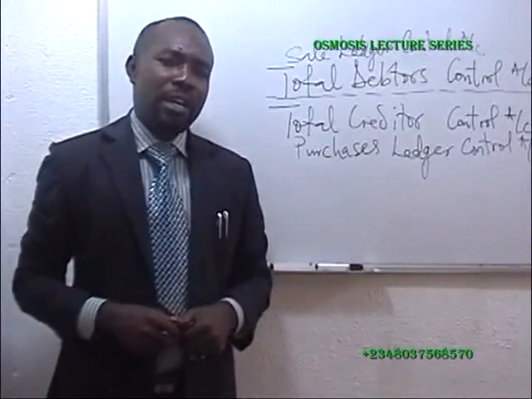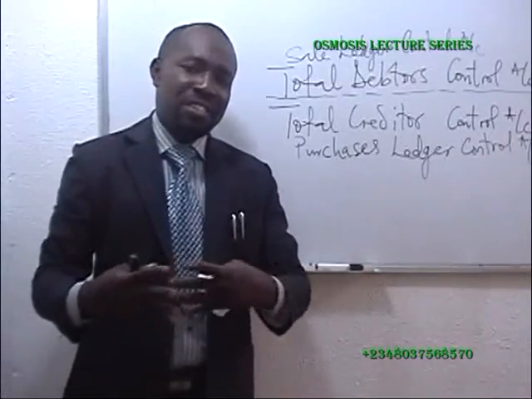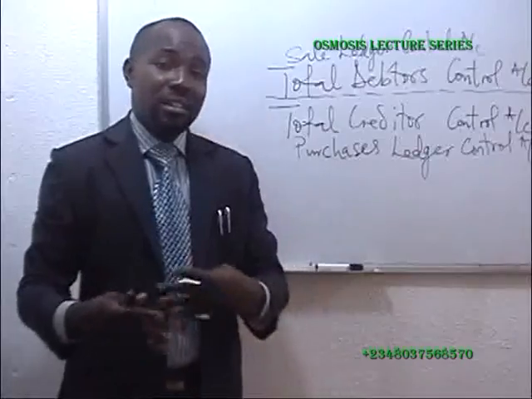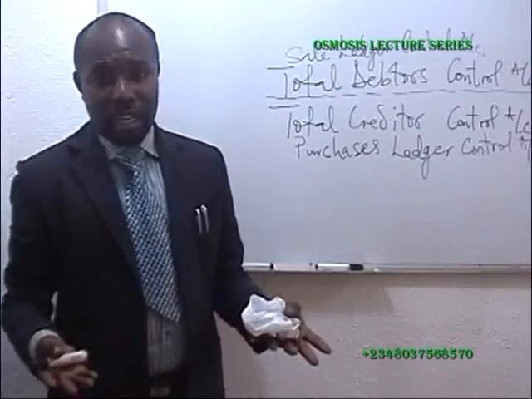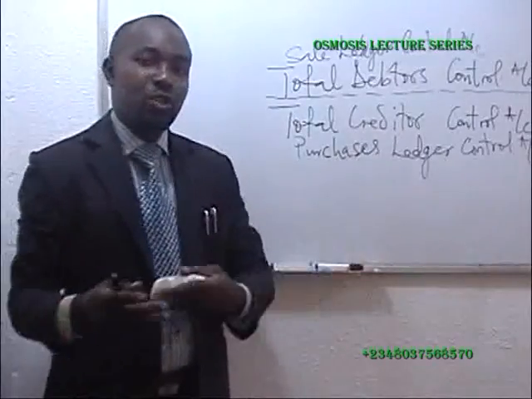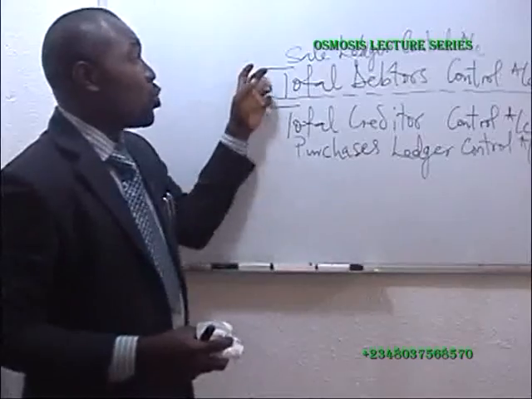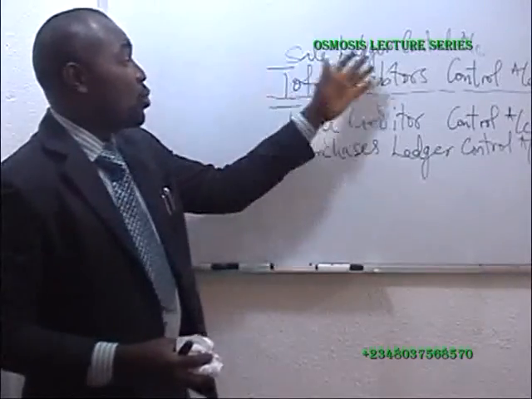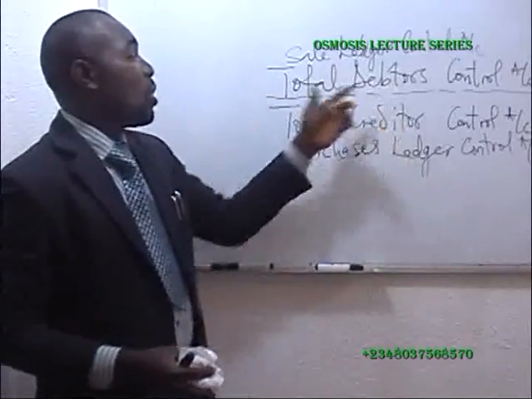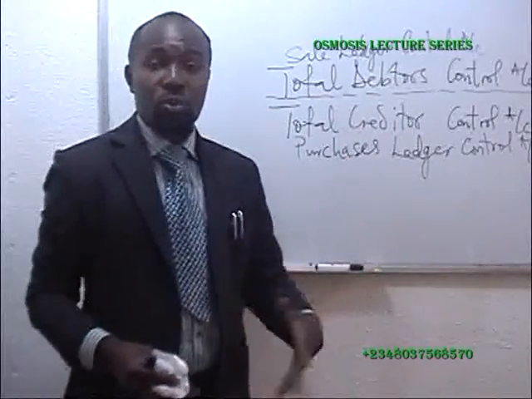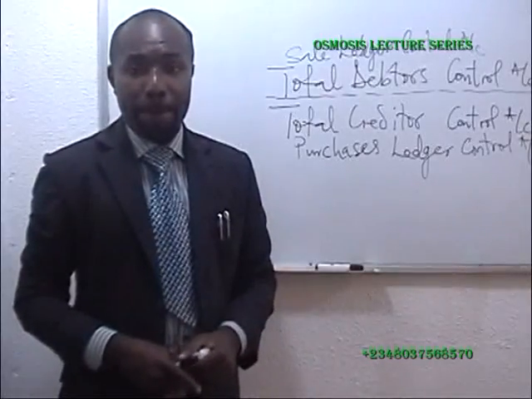So these are the two accounts prepared in control account, the sales ledger control account and the purchases ledger control account, or the total debtors and the total creditors, whichever name you call them, they are the same.